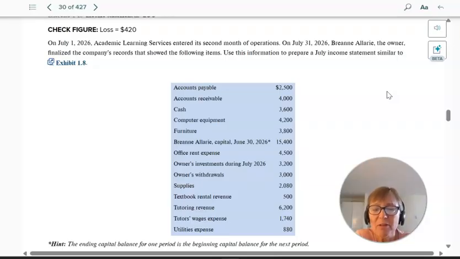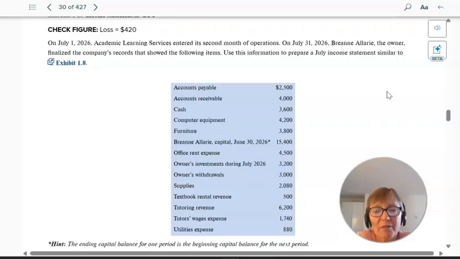In our statement of changes in owner's equity, we had an ending balance June 30th of 15,400. Remember, as you can see by the asterisk, there's a hint down below the list. The ending capital balance for one period is the beginning capital balance for the next period. So that is going to be our July 1st beginning balance.